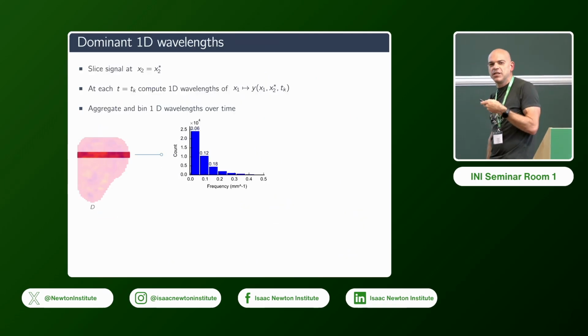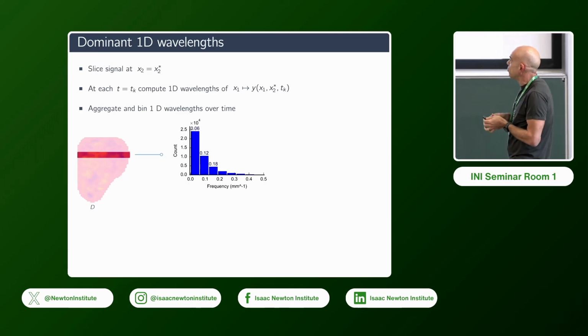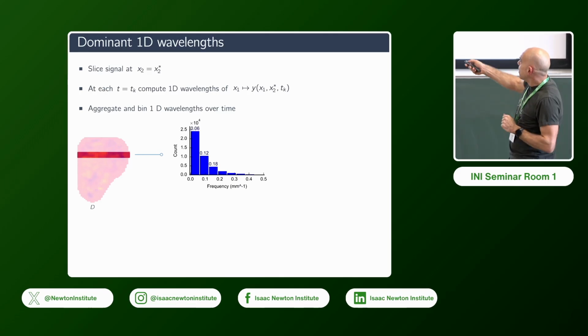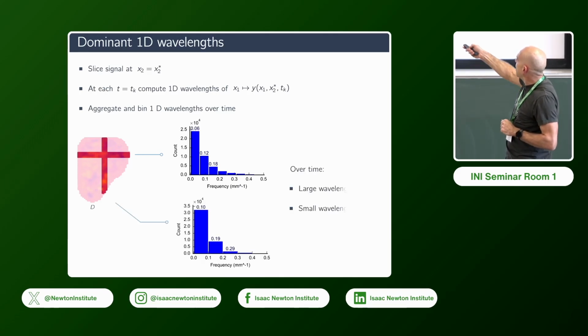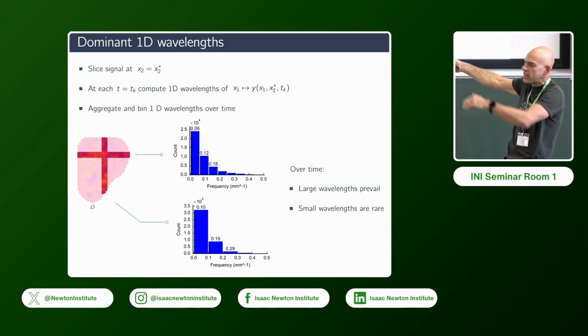And then Khadija did the thing I wanted, namely, we told them to do, which was to try and look at the wavelengths that are associated with it. So now, in this situation, we pick a horizontal slice, and then at each time you have a function of space, you compute the wavelengths associated with them, you bin them, you aggregate them over time, because we want to understand what sort of wavelengths are seen in the data.